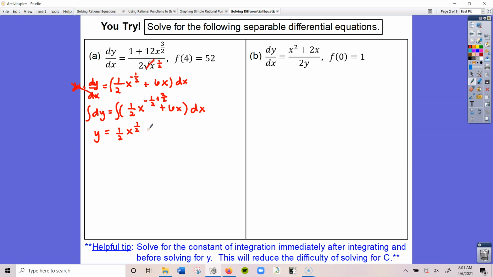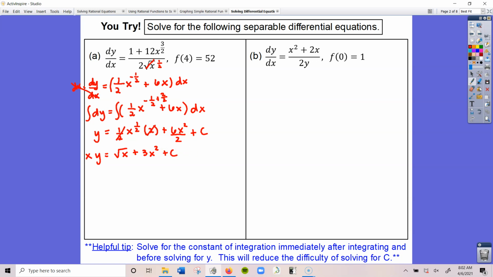And then divide by the new exponent, which is multiplying by the reciprocal, which is 2, plus 6x squared over 2 plus c. Let's simplify this a little bit so we can work with this a little easier. This 1/2 and the 2 will cancel. And x to the 1/2, that's just the square root of x plus 3x squared plus c.